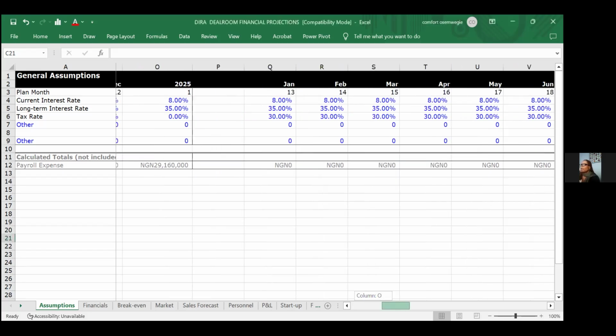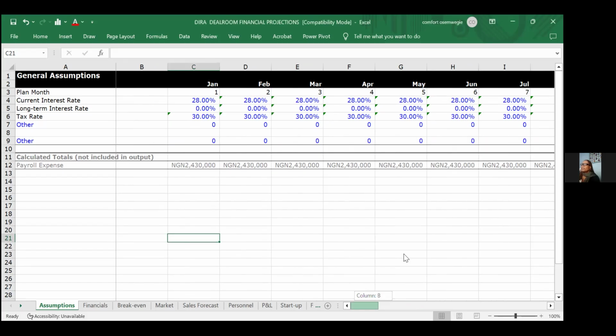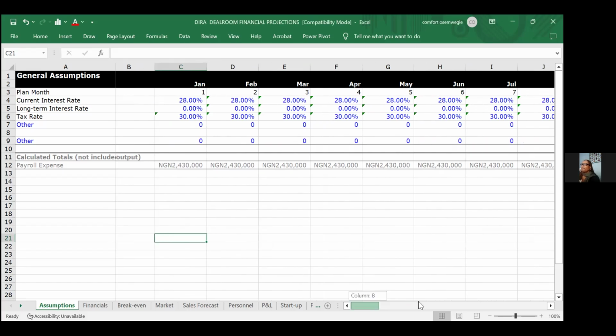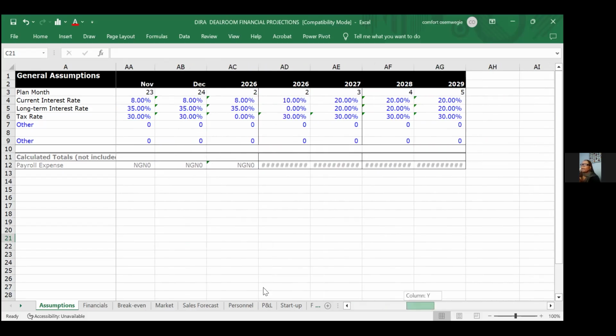I also mentioned that this sheet covers from 2025 to 2029. So technically, it gives you a projection of 4 years: 2026, 27, 28, 29, and then there's 2025.